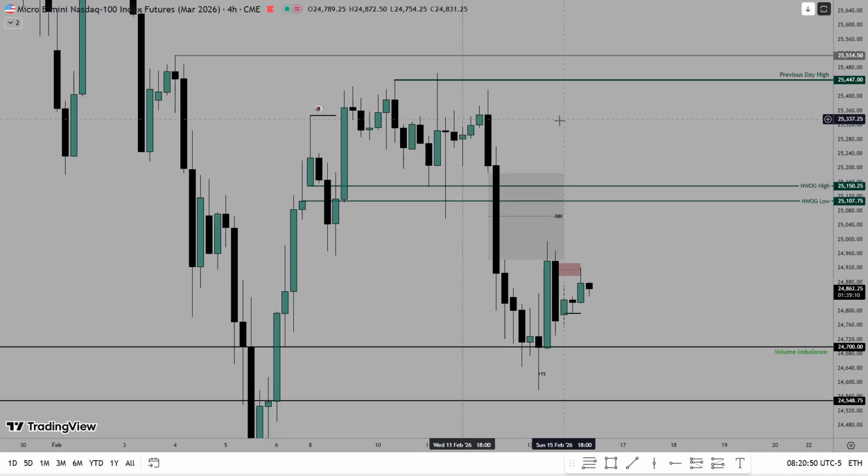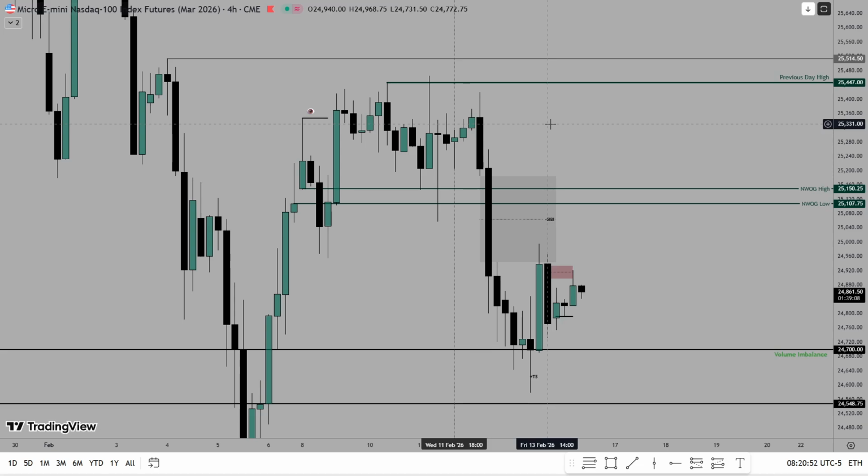That means, based on a concept called 3 candle continuation, 4 candle reversal, after the opening of the 6 p.m. candle, price traded towards the buy side. Then after that it formed a bearish candle.